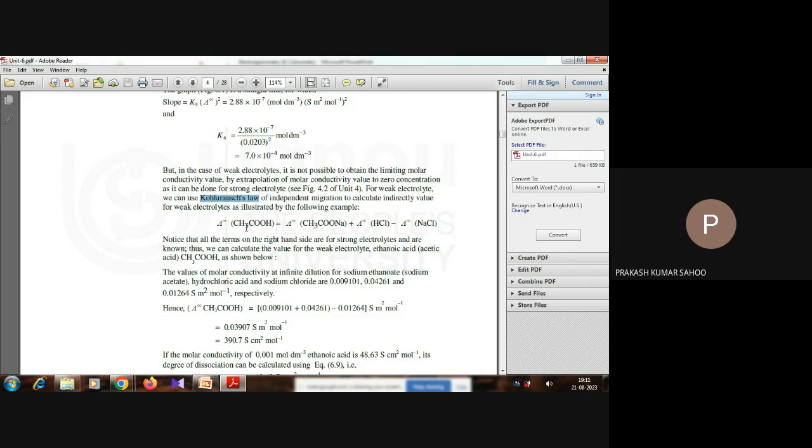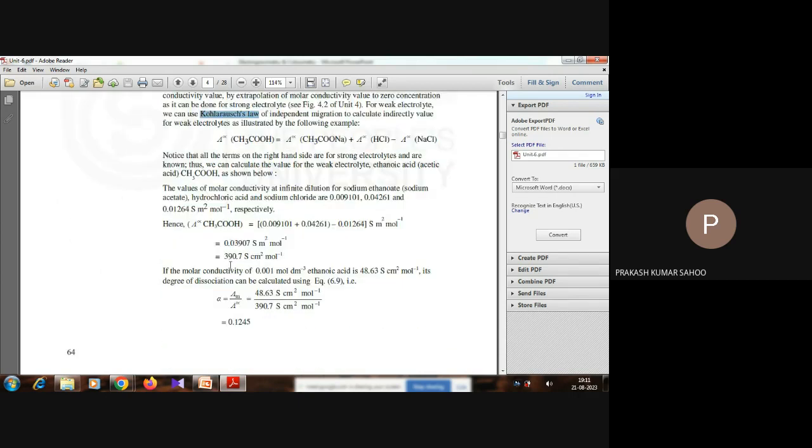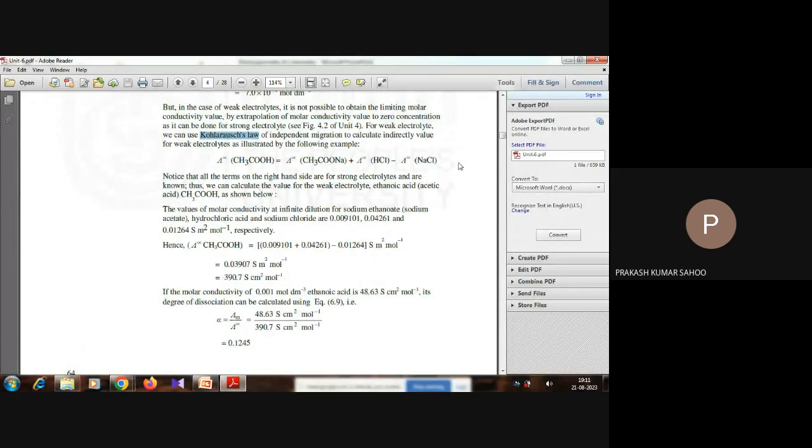By putting the conductance values, or molar conductivity at infinite dilution, of sodium acetate plus the conductance of HCl minus the conductance of NaCl, we have the conductance of acetic acid here, right? So this plus this minus this equals acetic acid. You have to solve these by knowing the respective ions.